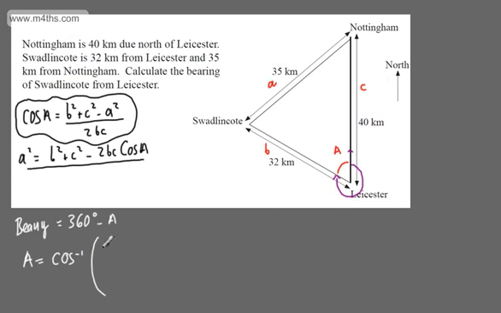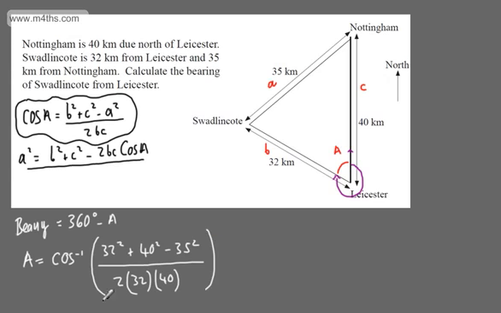B squared is going to be 32 squared plus C squared. C squared is going to be 40 squared, so 40 squared, minus A squared, which is 35 squared, all over now 2 times by B, which is 32, times by C, which is 40.